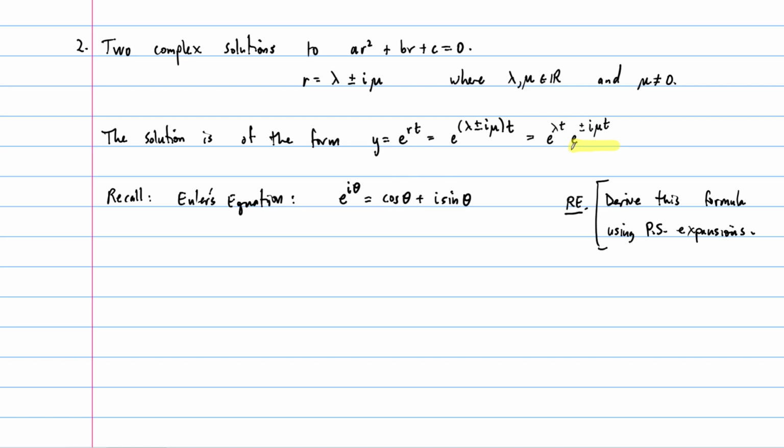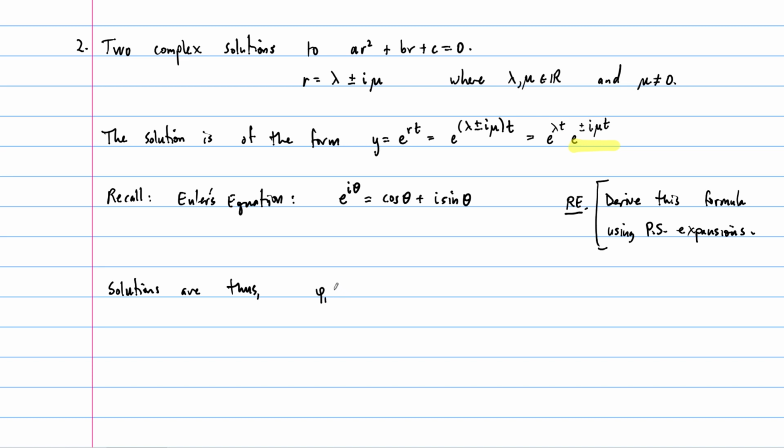So for us, what this means is that theta is going to have two options, right? Plus mu t and minus mu t. And remember, mu is not 0, so those are going to be different. So what we have then are the following. Our solutions are thus sines and cosines. I'm going to name this something different, and we'll see why.